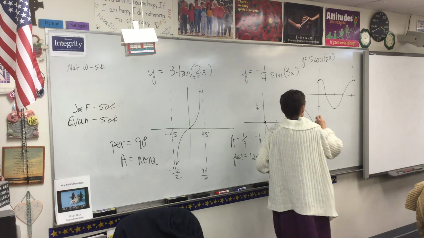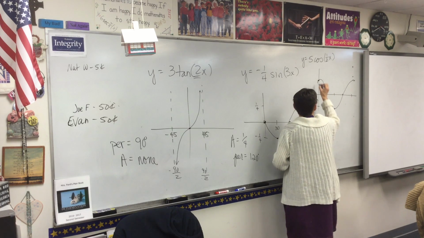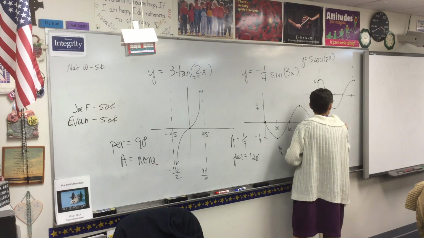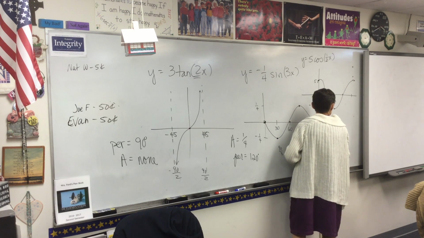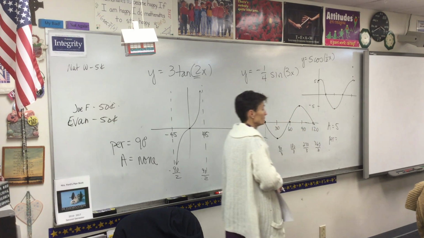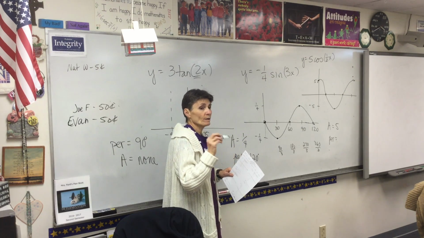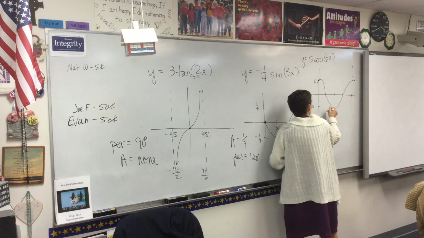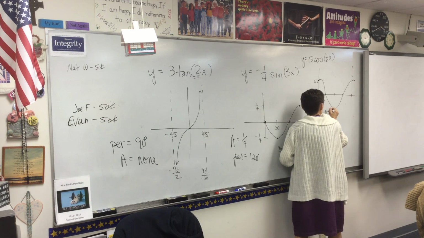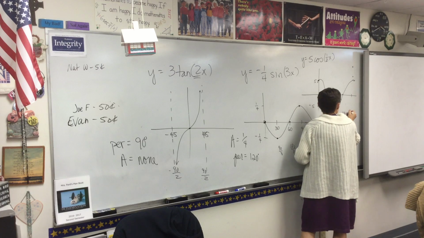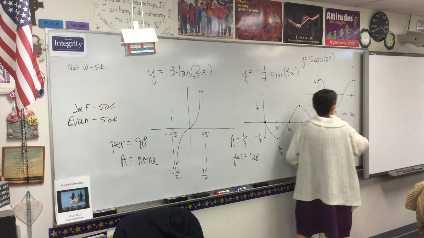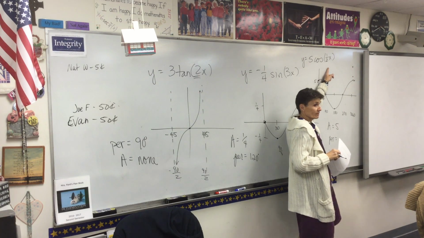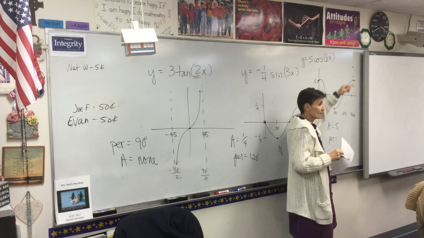What are my vertical labels then? 5 and negative 5? Meaning my amplitude will be 5. Now, what are my horizontal labels supposed to be? Normally, 90, 180, 270, 360. But we have a 1/2 out here, right?